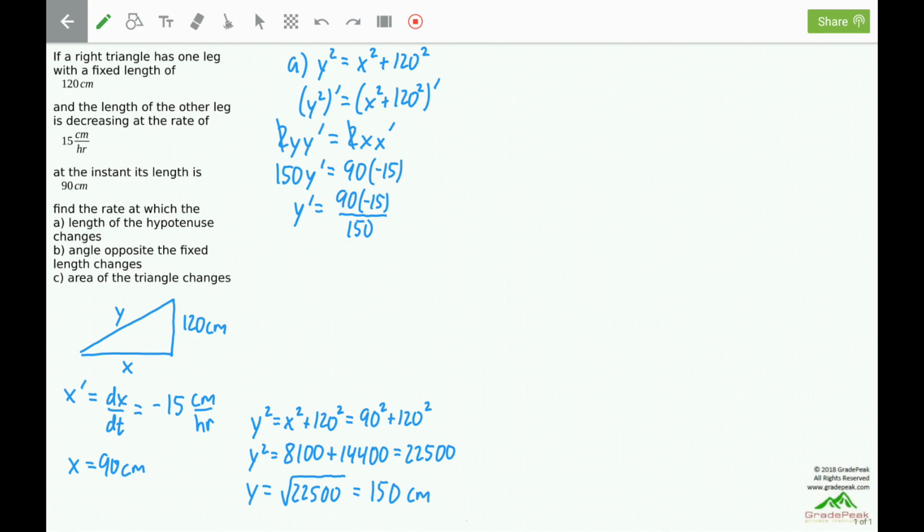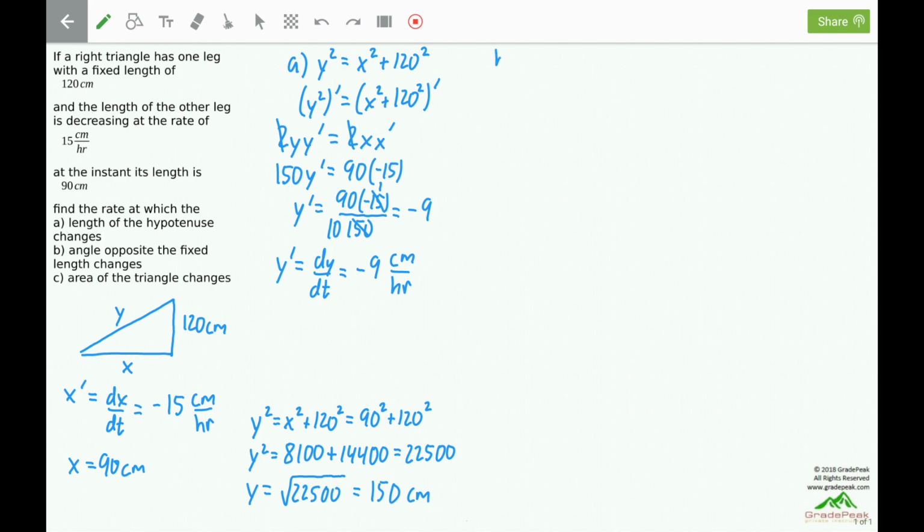Everything's multiplied in the numerator, so that 15 in the numerator can cancel with the 150 in the denominator, leaving 10. It will leave a negative 1 in the parentheses, but 90 divided by 10 is 9, times that negative 1, negative 9. So y prime, or dy/dt, equals negative 9. It'll have units of the length of y, centimeters here, over time, hours here.